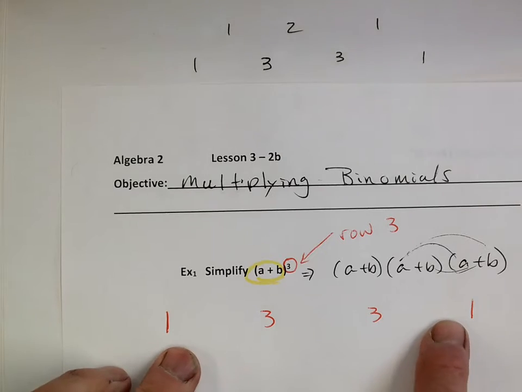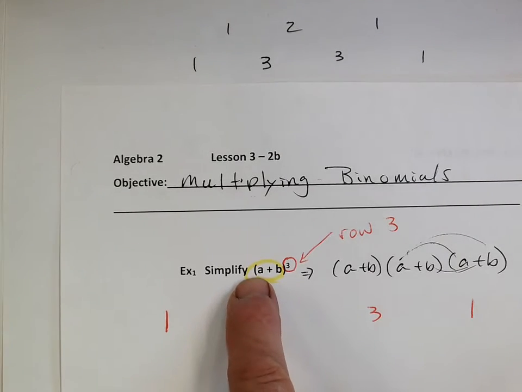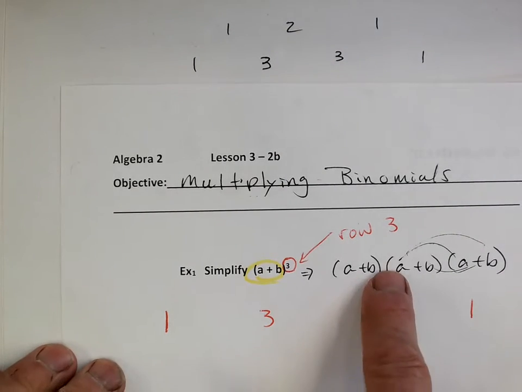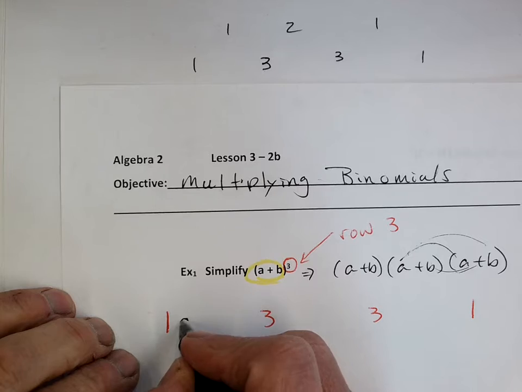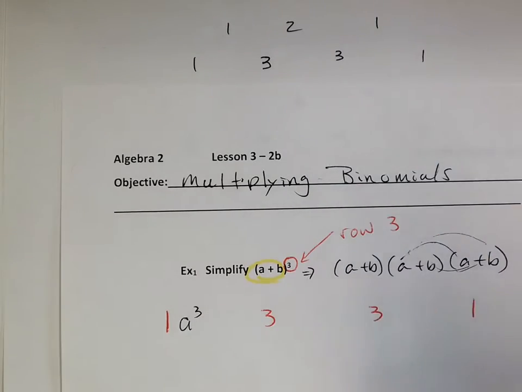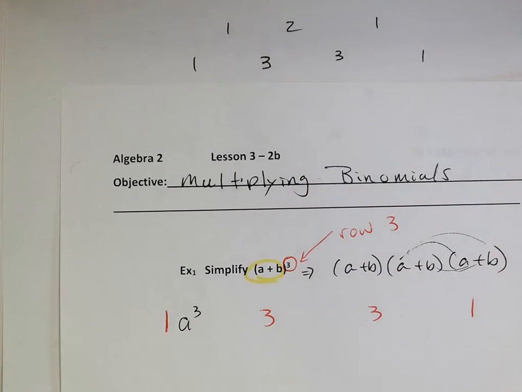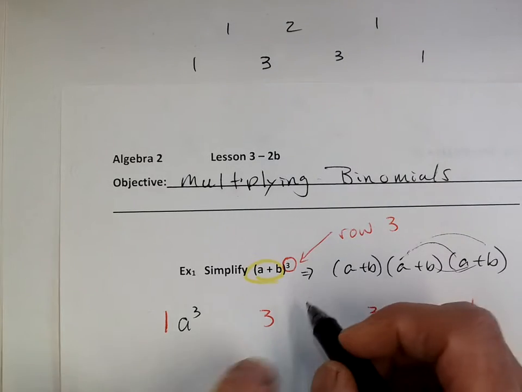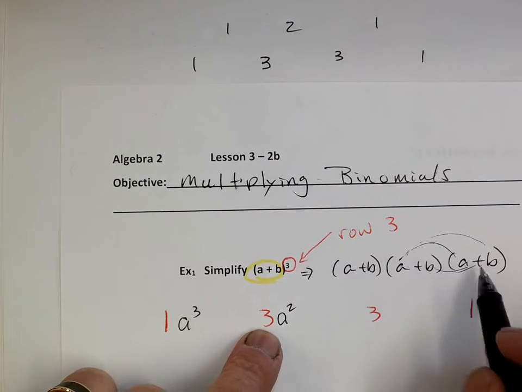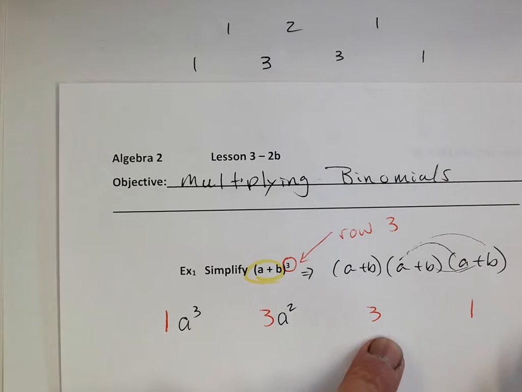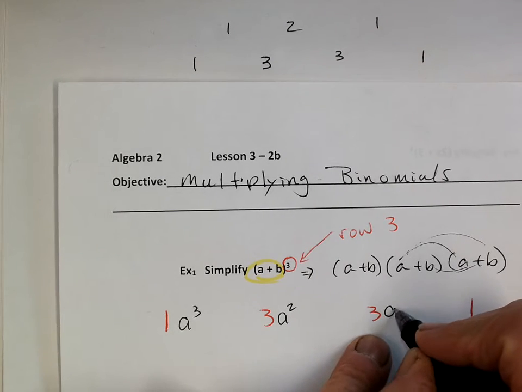Now, here's what I know. In this example, I know I'd have an a times an a times an a. So I know for sure I'm going to have an a cubed. That makes sense, because I would have an a times an a times an a. And I'd also have an a squared, and also just a plain old a.